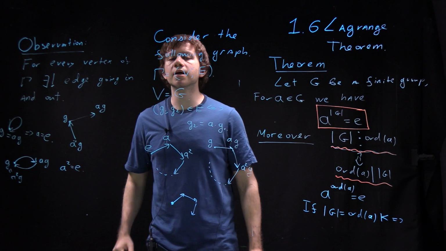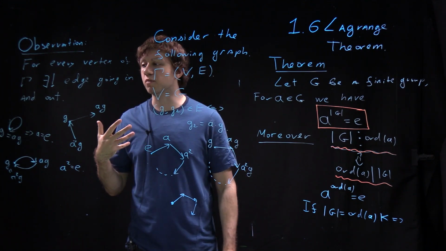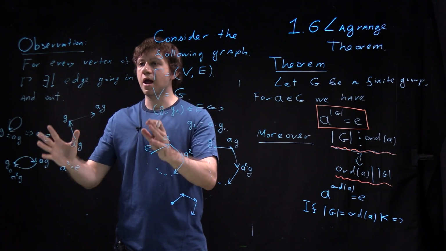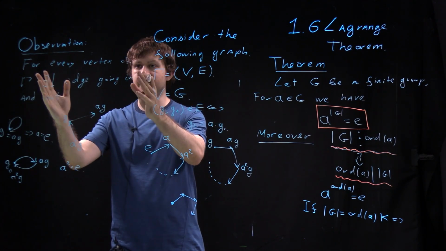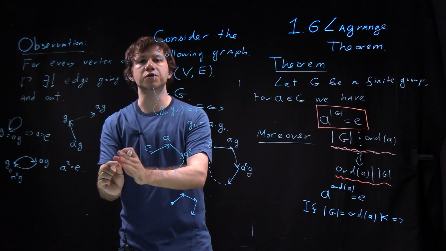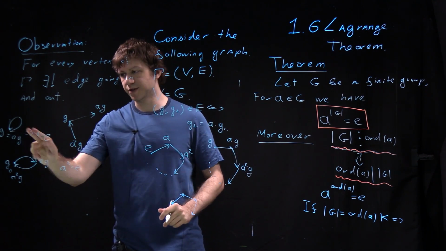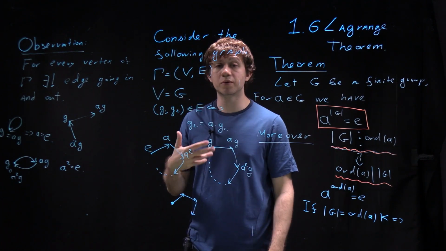Okay, so then there comes a statement from graph theory. Imagine you have this graph, and this graph has this property: for every vertex, there is exactly one edge going out and exactly one edge going in, maybe the same edge. Then there is a very simple corollary.